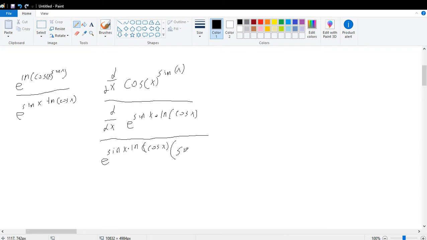So sine of x remains undifferentiated, and we're deriving ln of cosine of x, which is 1 over cosine of x times the derivative of cosine of x, which is minus sine of x.